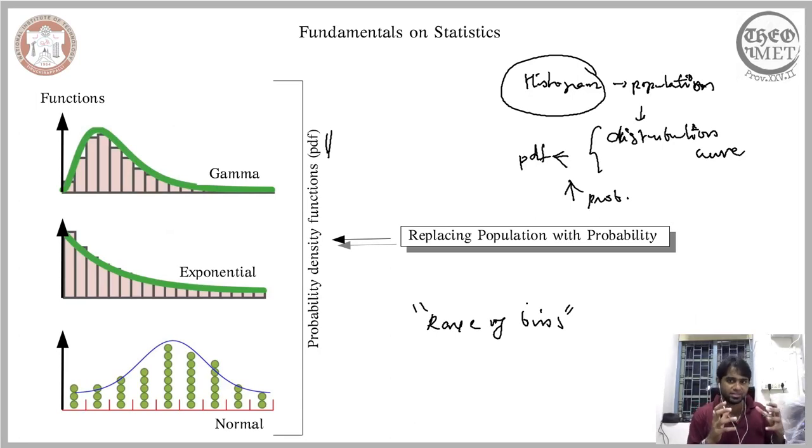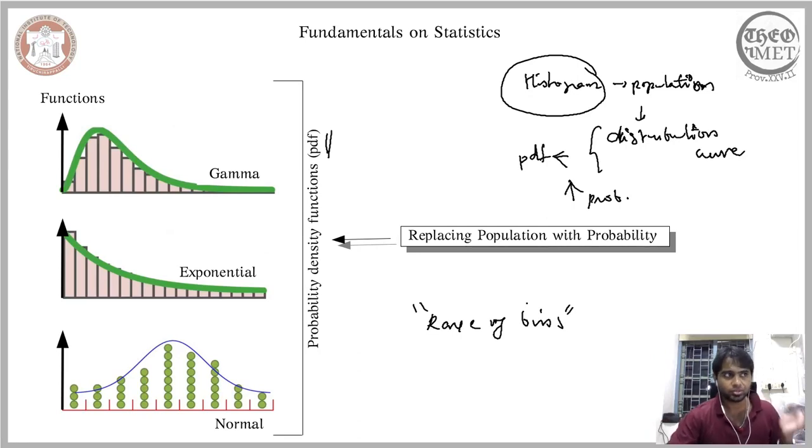So the probability density function is a representation that we gain from the histogram, wherein the population is replaced by probability, and the function that it offers, this probability function that we get, is what we refer to as the probability density function. Since it is gathered from the histogram, we do not lose the trend that we once observed in the histogram.